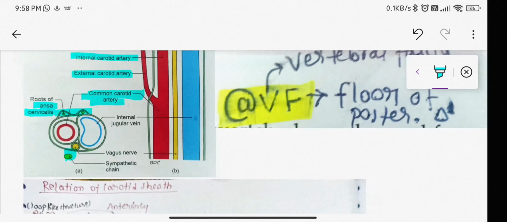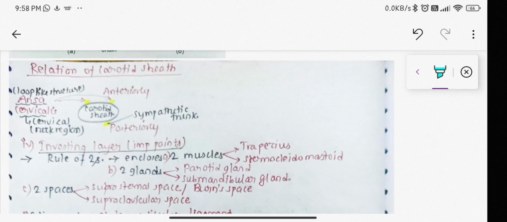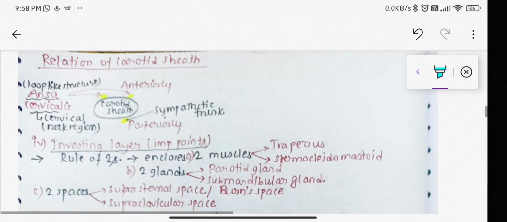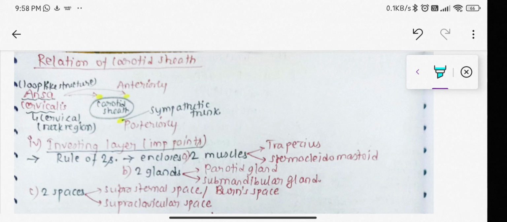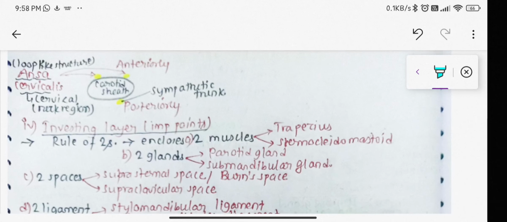It is a loop-like structure that is present on both sides. If we cut a transverse section, we can see only the descending part of the ansa cervicalis. So posteriorly we have known that there is the sympathetic trunk.